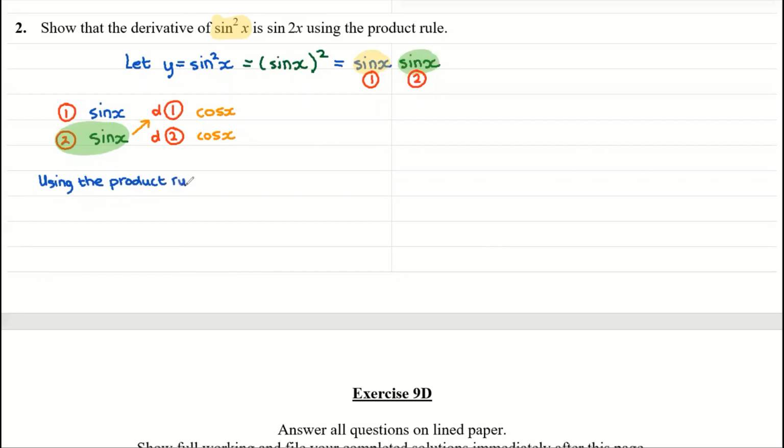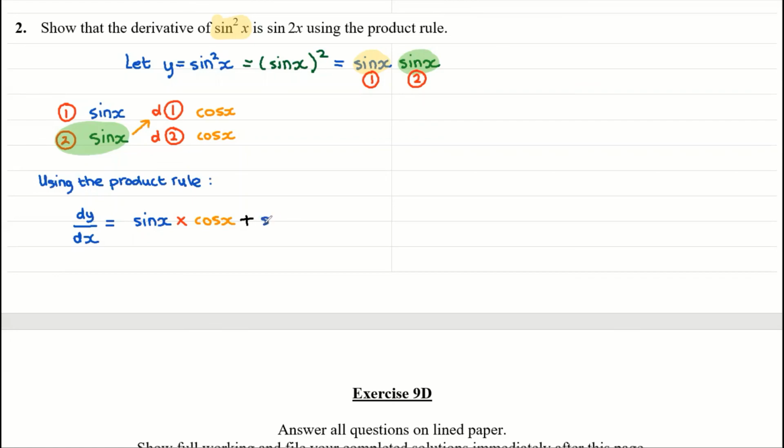what we're going to get, well, we just write it out. So we've got dy by dx is going to equal sine x multiplied by cos x, which I've done in orange. I'll do it in orange again. And then add. So now we go back to function 1. Sine x multiplied by cos x again.